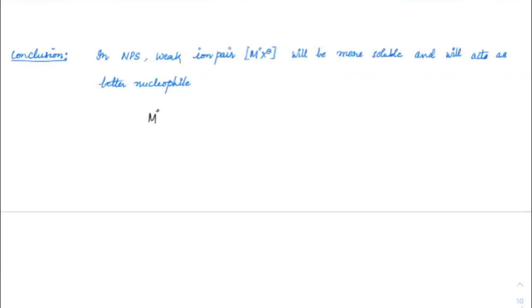Suppose you have M plus X minus and you're adding it to a non-polar solvent, they might exist in this equilibrium, M plus and X minus. So if the bonding between M plus and X minus, which is ionic bonding, is weak, then definitely it increases the quantity of X minus. So that's how it can start showing the nucleophilic strength.